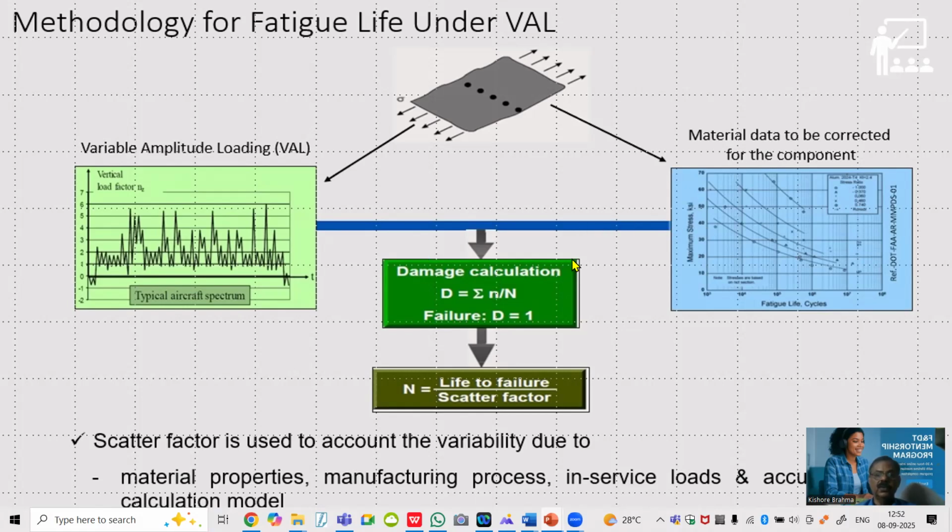So based on these two pieces of information, the damage can be calculated based on Miner's rule, and the actual life can be estimated by dividing by the scatter factor. This scatter factor is used to account for the variability due to material properties, manufacturing process, insertion loading, and accuracy in the calculation model.